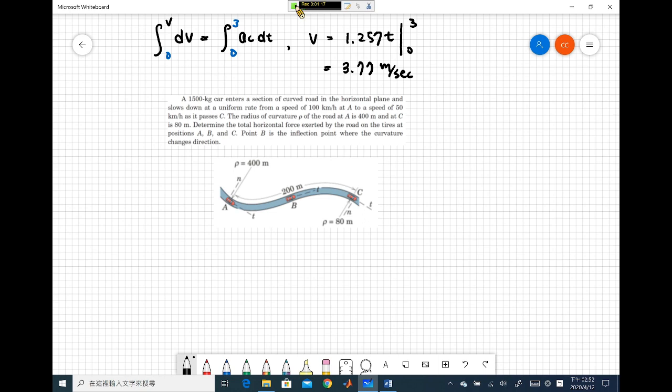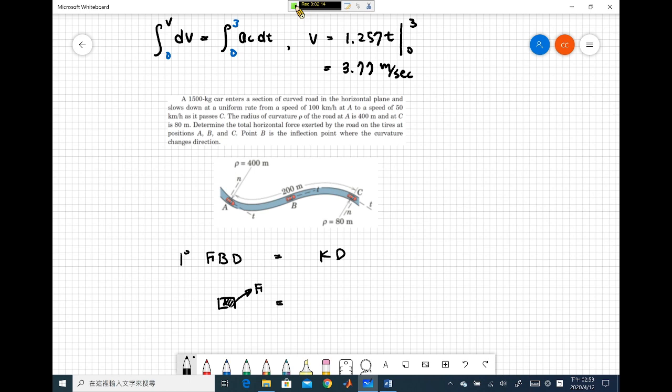So first of all, if we do the free body diagram at each point, here is the car. Then the force from the road will be somewhere, let's say it's going to be this way. That's your F in the horizontal plane.